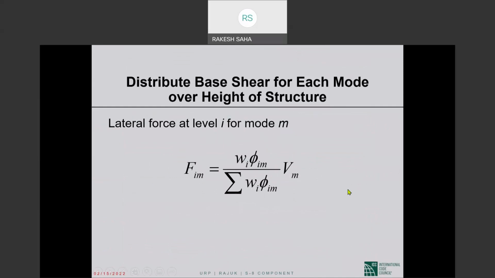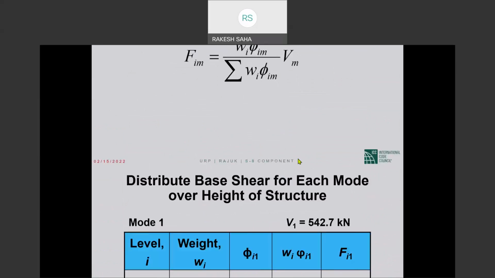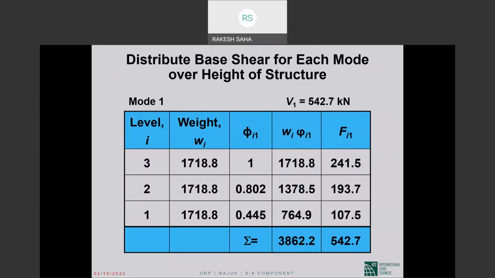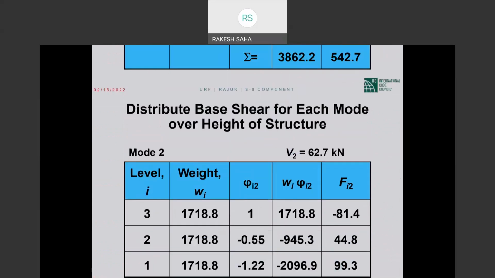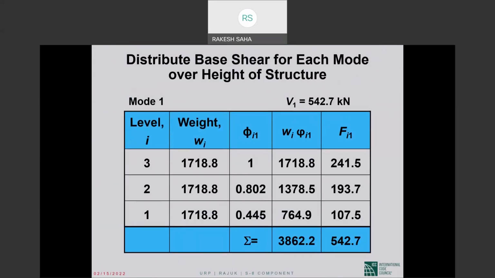I don't know how else to say it. Essentially the first mode base shear is distributed along the height of the structure according to the first mode shape.